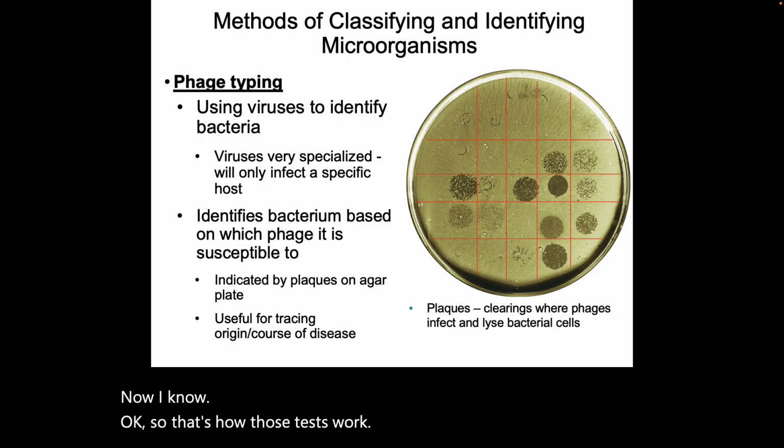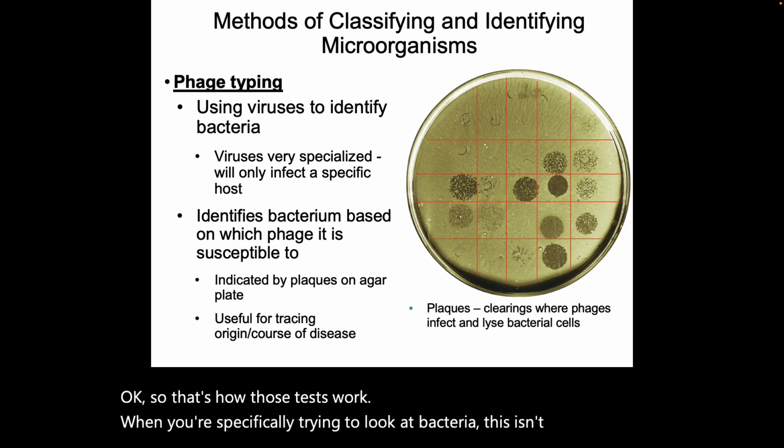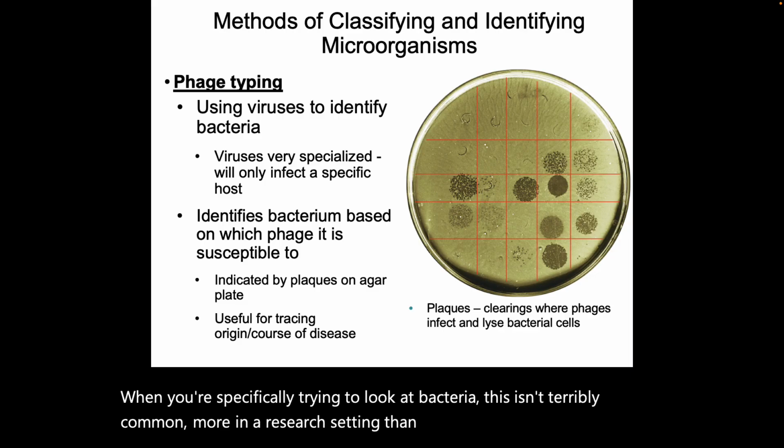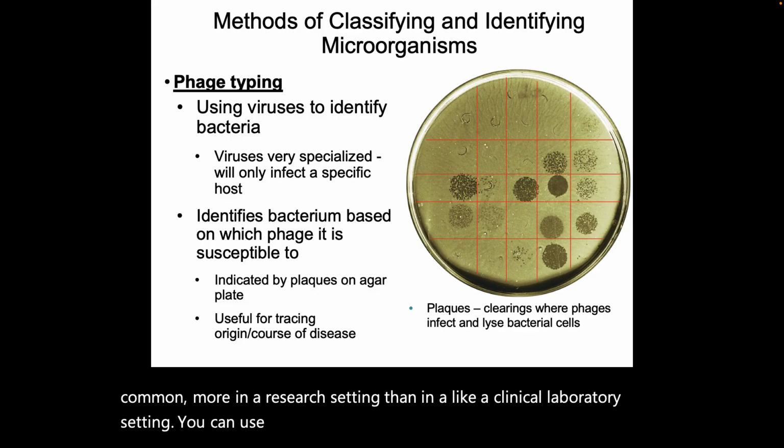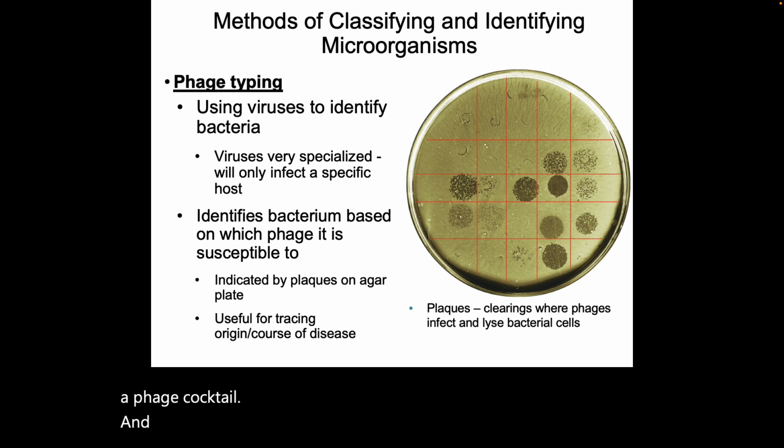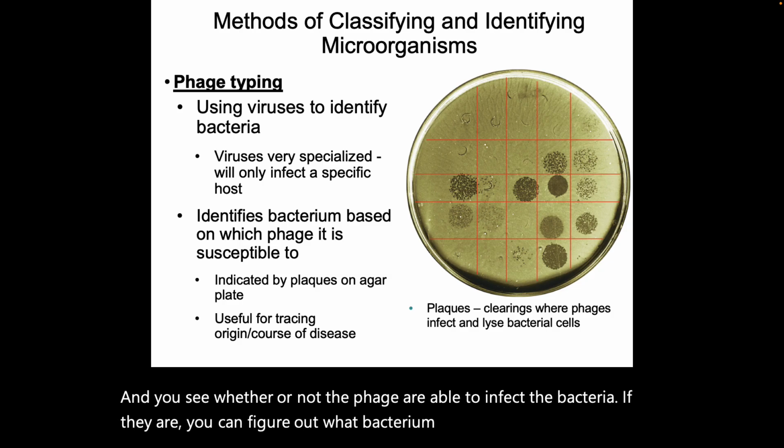When you're specifically trying to look at bacteria, this isn't terribly common, more in a research setting than in a clinical laboratory setting. You can use phage typing. So you take a known phage, or a phage cocktail, and you see whether or not the phage are able to infect the bacterium. If they are, you can figure out what bacterium it is. Phage are usually pretty specific. It infects E. coli, it infects E. coli.